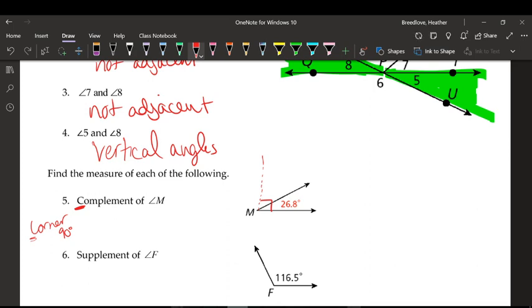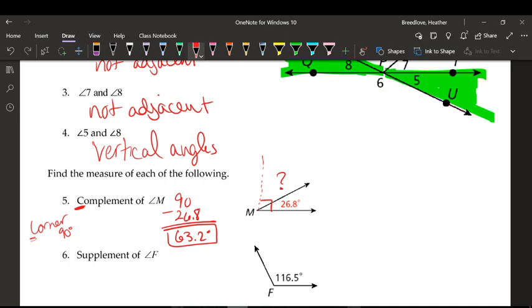Together, it's going to make 90 degrees, and it's going to make a corner. So I'm looking for this angle. So if I did 90 degrees minus 26.8 degrees, then I would get 63.2. And that would be the complement of angle M, because together, they would make 90 degrees.